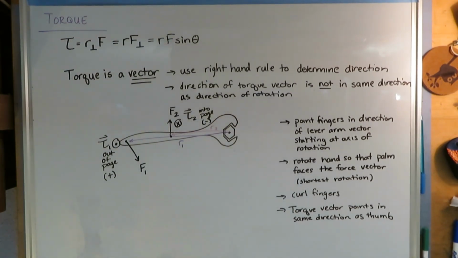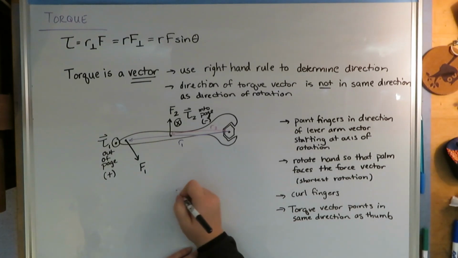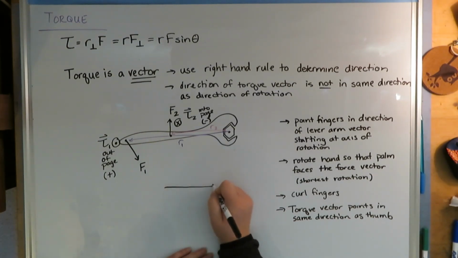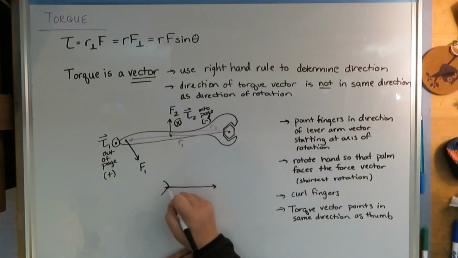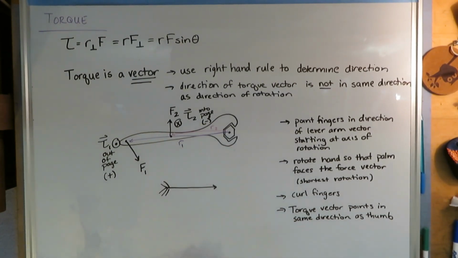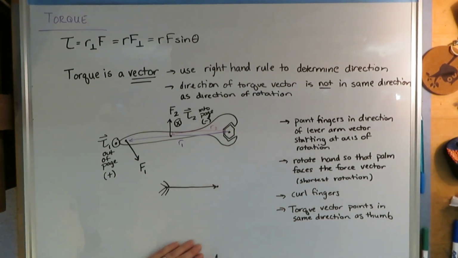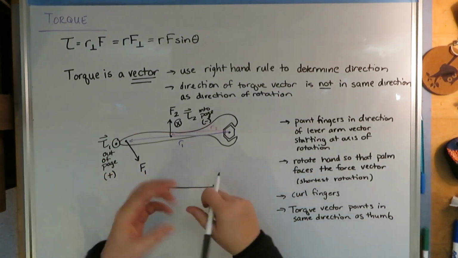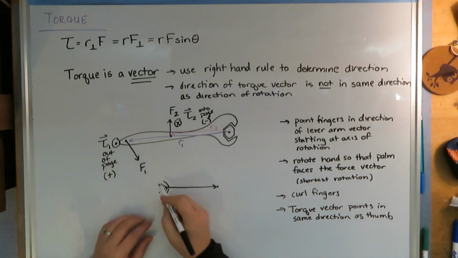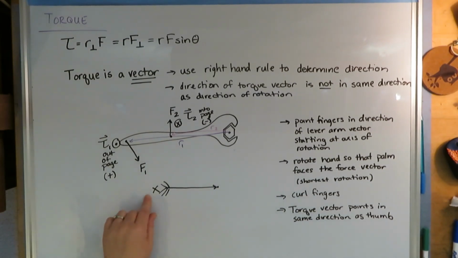And into the page is a negative torque. Now, where do these dots and crosses come from? Well, if you picture an arrow with fletching, if I look at the tip of the arrow dead on, I would see a point. If I flip that arrow upside down, I would see the fletching, which would make an X-ish.